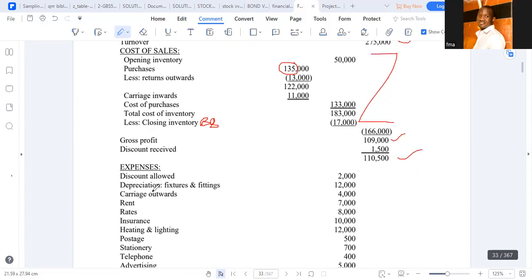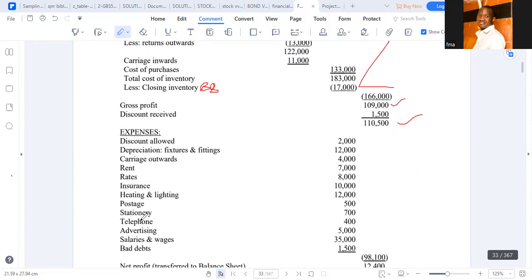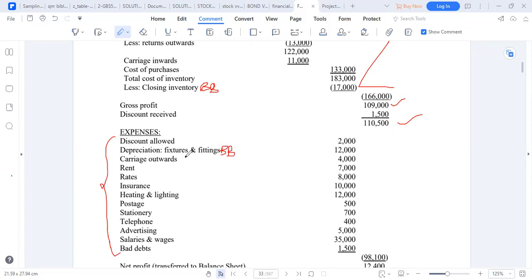From the gross profit, we're going to subtract our expenses, which are operating expenses. We start with what? Discount allowed, depreciation. This one appears in both. So depreciation affects the cost of the fittings and fixtures. So it will give us a lower net book value by that amount.